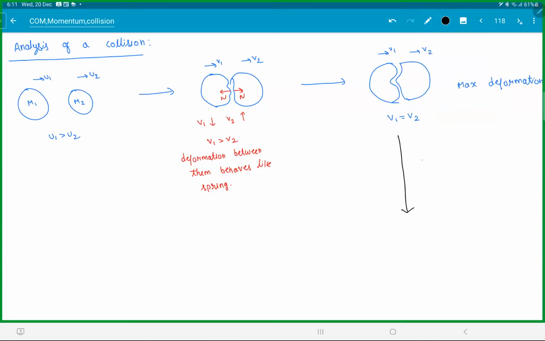The first option, if the materials are made of plastic, this is called a perfectly inelastic collision. Remember what happens if they're plastic materials? Once they deform, they don't recover. So they will stick together and go with a common velocity.